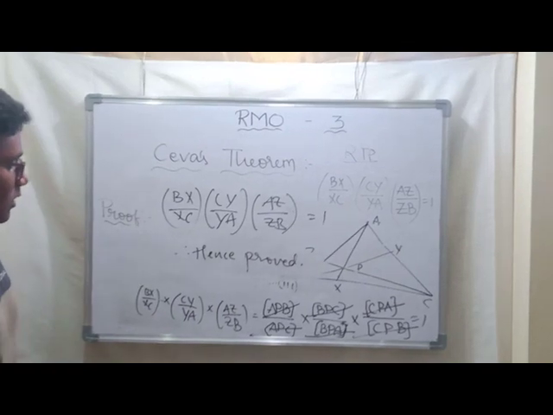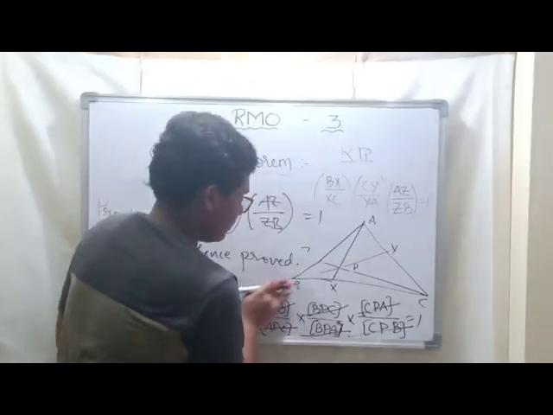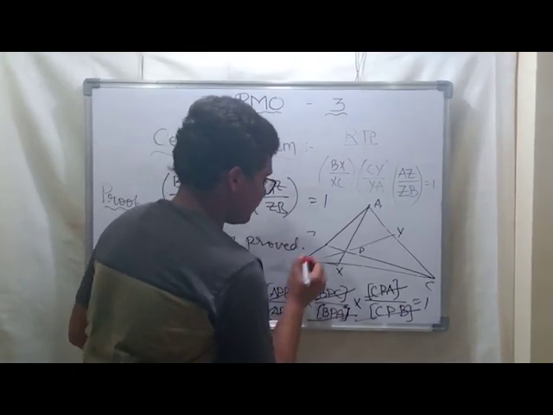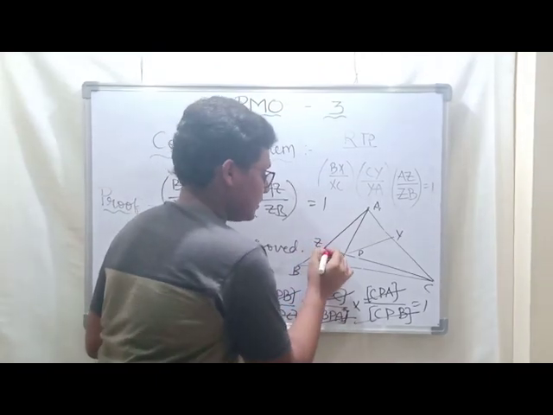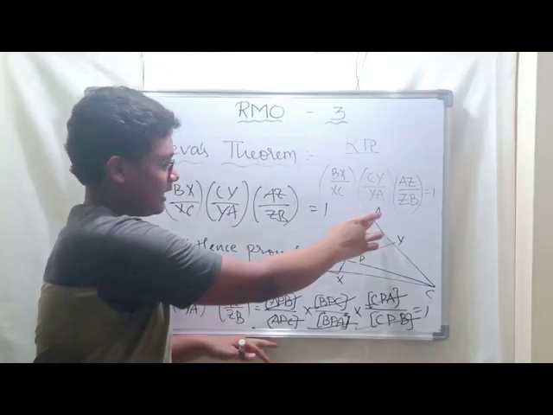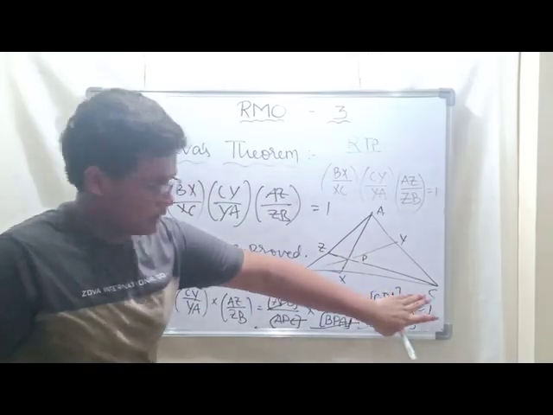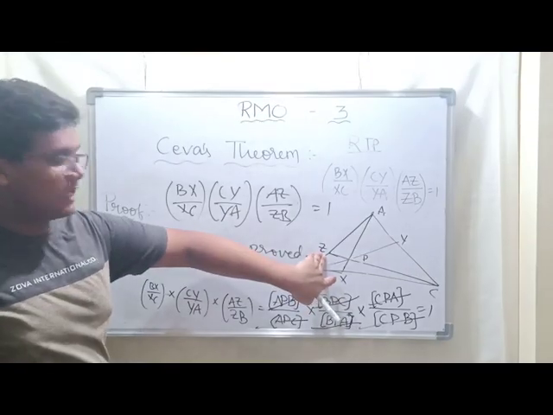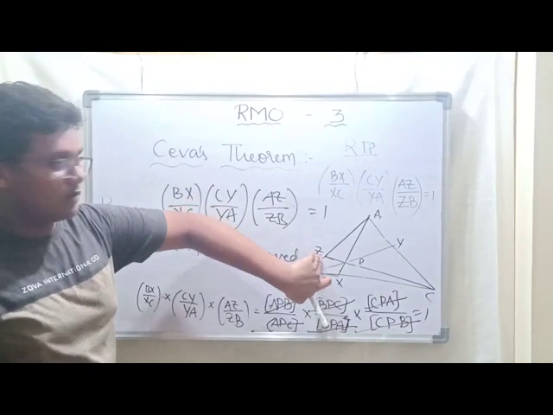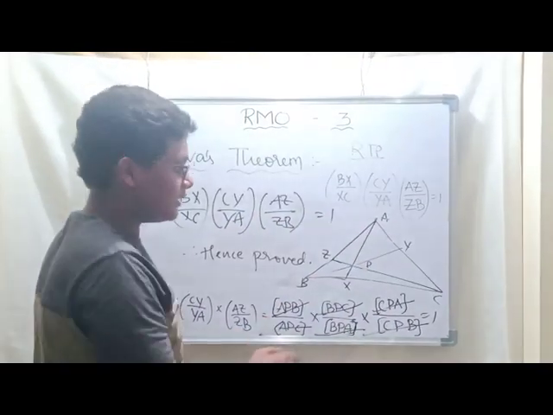This is the proof of Ceva's theorem. I will explain once again. See, we took a triangle ABC, and we drew 3 cevians. Cevians are the lines, not necessarily perpendicular, passing through a vertex to the opposite side of that vertex.